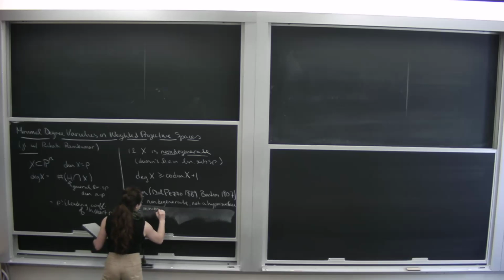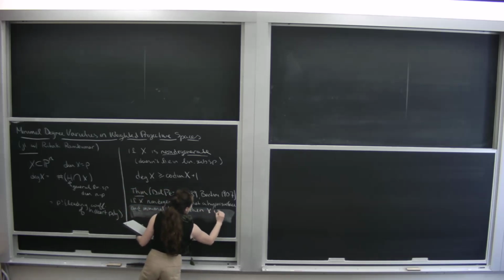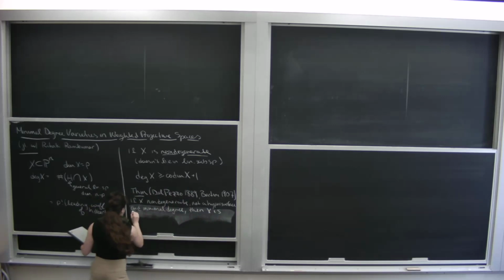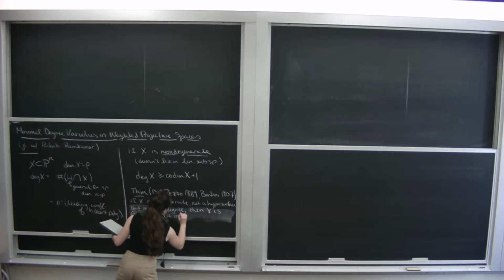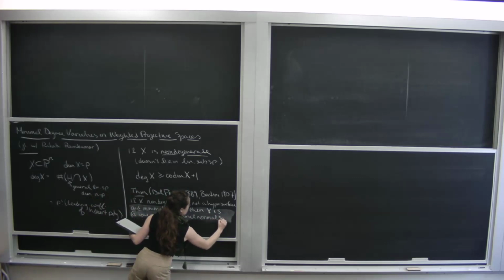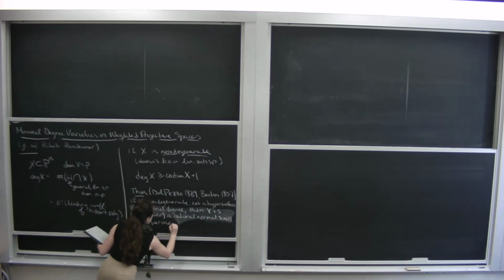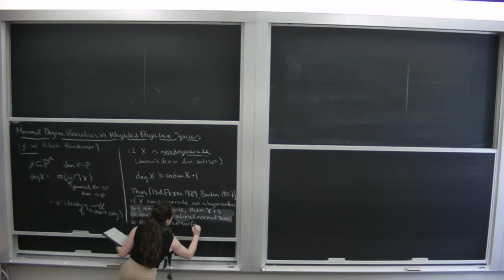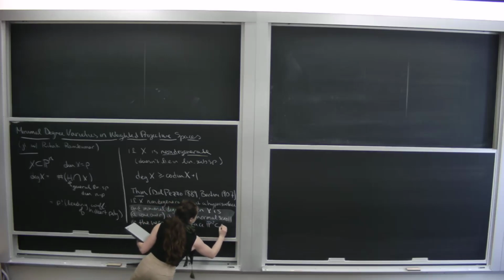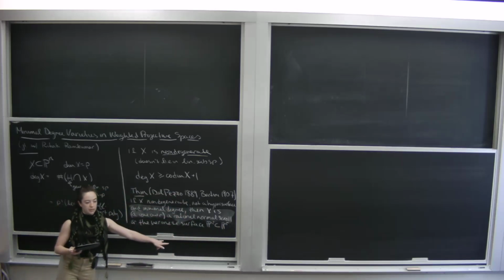And minimal degree, then X is a rational normal scroll, or the Veronese surface, P^2 in P^5, or it's a cone over one of those things.